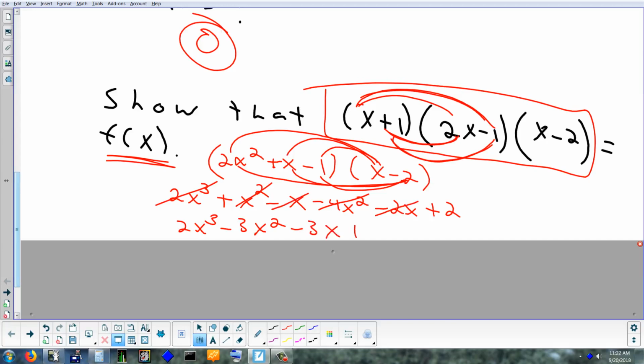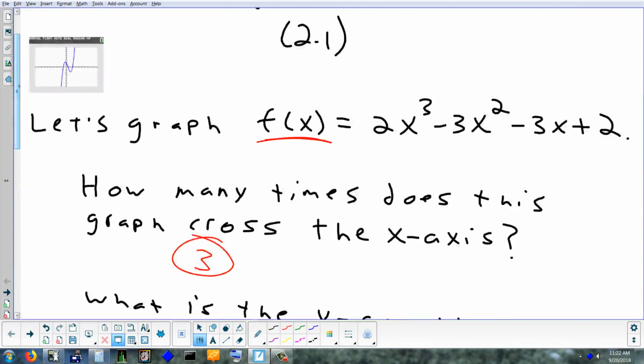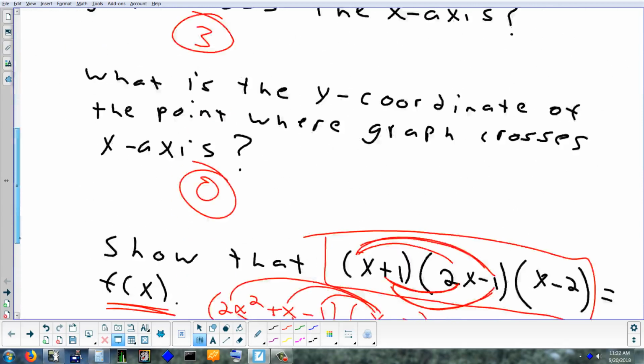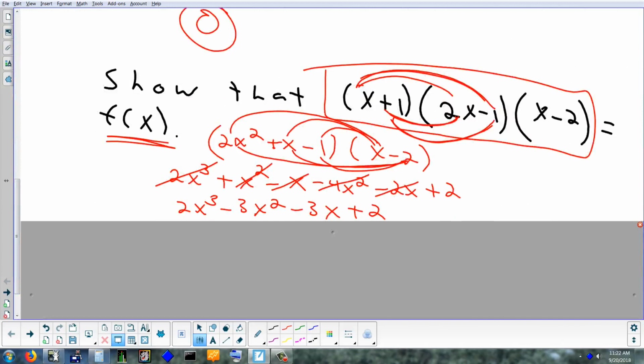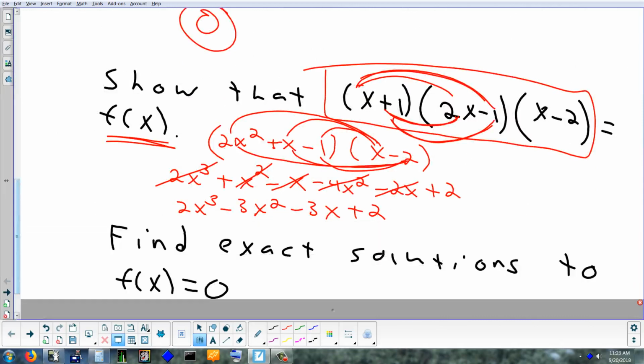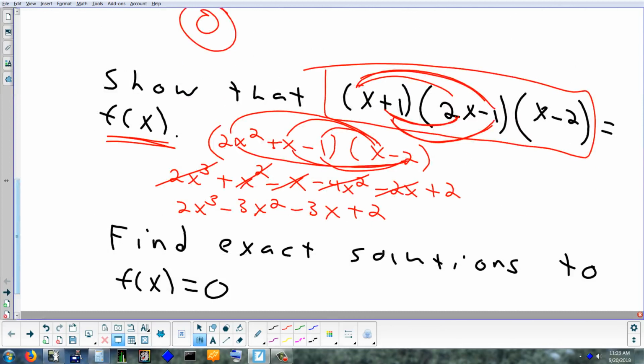And then a plus 2. Okay, let's go back up and see. So we got 2x cubed minus 3x squared. Yep, 2x cubed minus 3x squared minus 3x plus 2. So I just proved to you that what's in that red box with the parentheses, it's exactly the same thing as what's up above. Now, why I did that, I'm going to show you in 1 second.